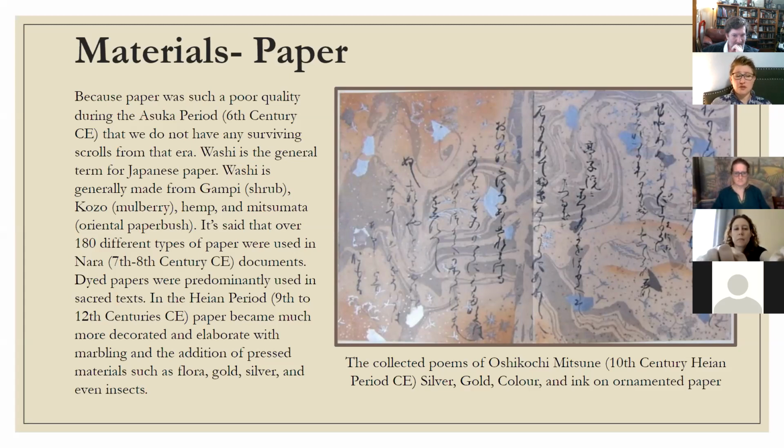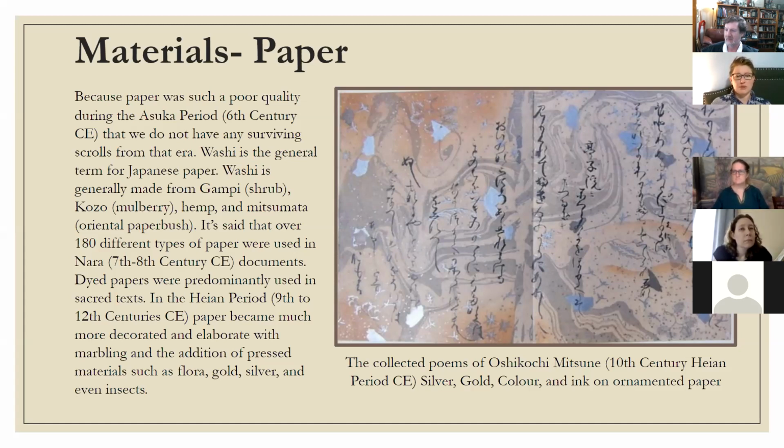Now it's said that over 180 types of paper were used in the Nara period, the 7th to 8th century documents. Dyed papers were predominantly used in sacred texts. In the Heian period, the 9th to 12th centuries, paper became much more decorated and elaborate with marbling and the addition of pressed materials such as flora, gold, silver, and even insects.